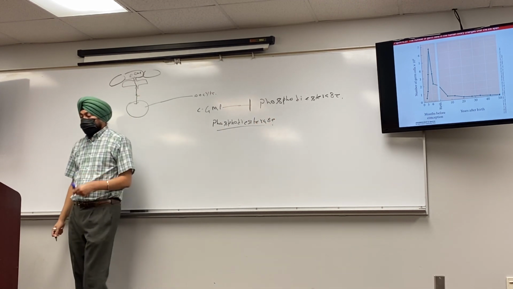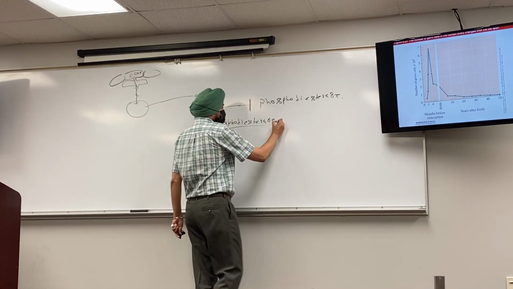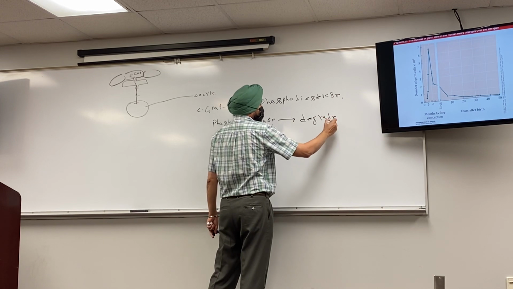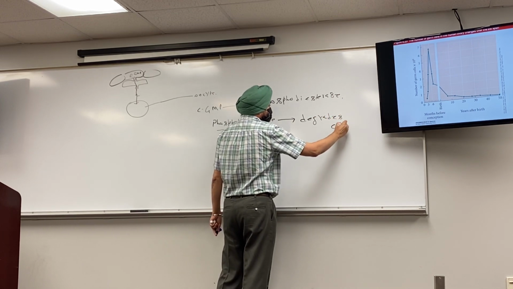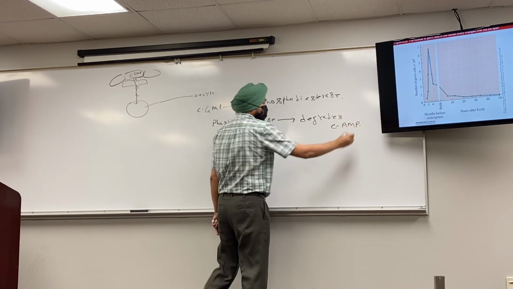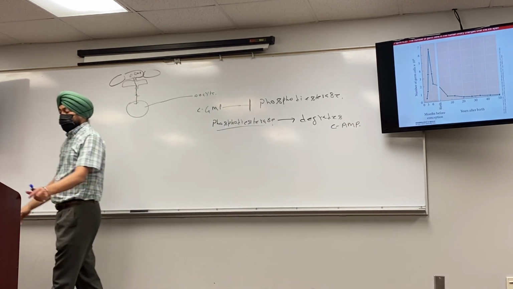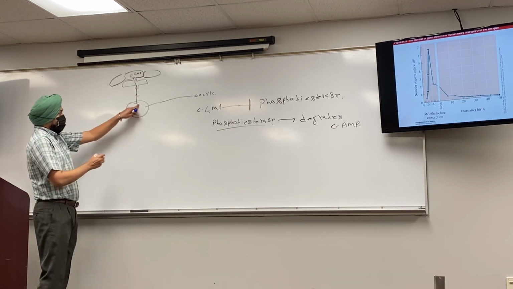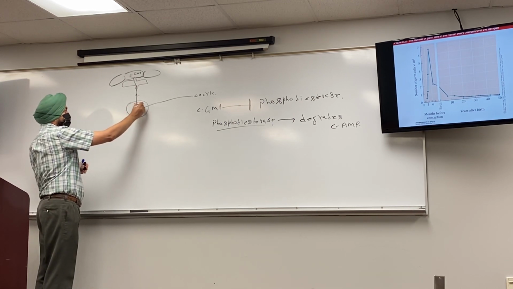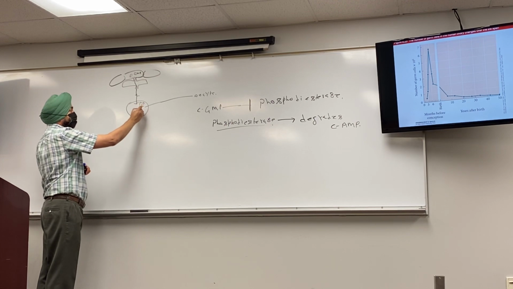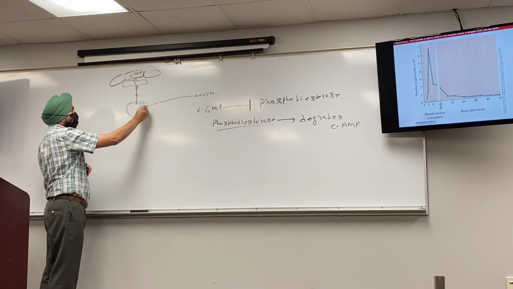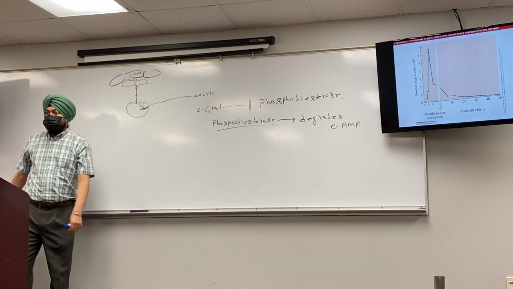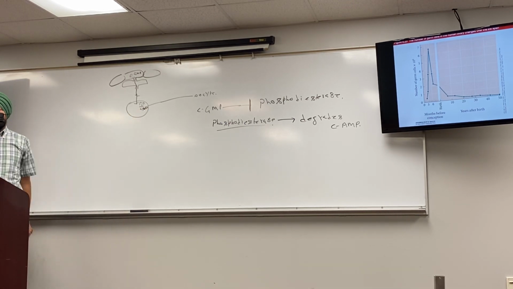Phosphodiesterase is an enzyme that degrades cyclic AMP. Not block, rather it destroys it, degrades it.